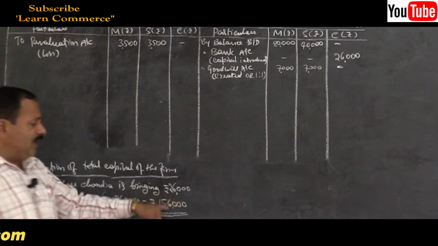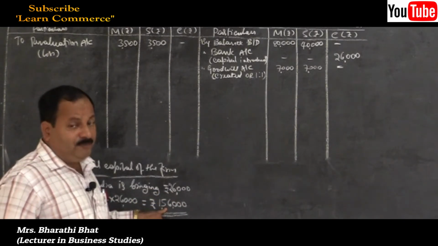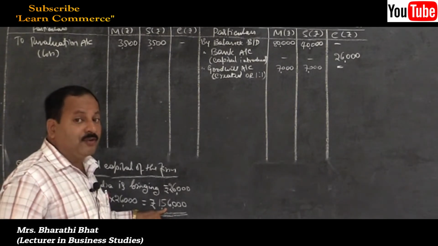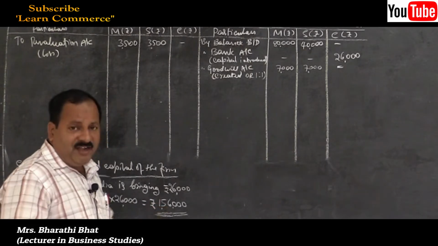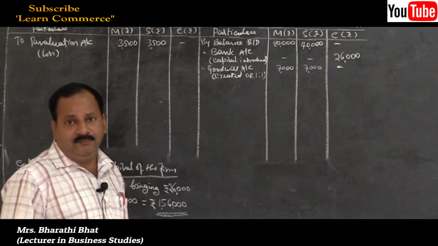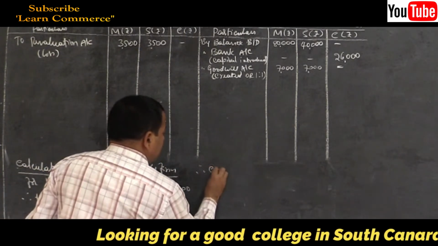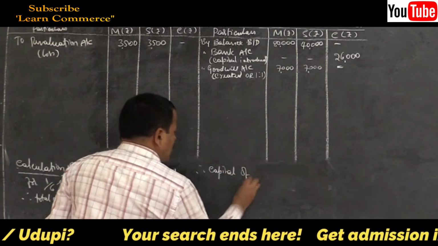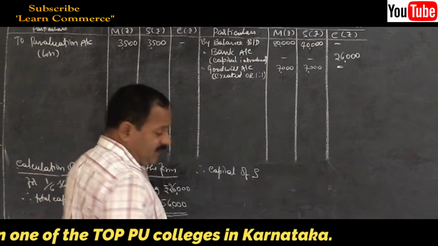Therefore, we have to calculate now as per their new profit sharing ratio, how much capital must be there in the capital accounts of each partner. This is the total capital of the firm. Share it among the partners in their new ratio. That is what you have to do. Now, therefore, capital of Surendra, not Surendra, it is Mahendra.